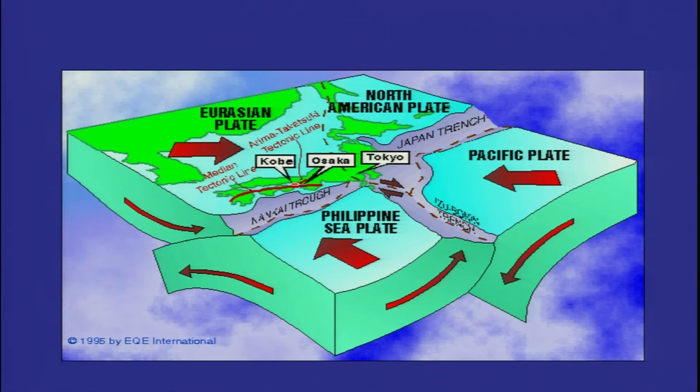Now, if we quickly look at the configuration of Japan, I just want to give an overall idea of why this part is important to understand, because after the 1995 Kobe earthquake, active fault mapping in Japan was intensified, and they came up with a digital active fault map of the entire Japan.